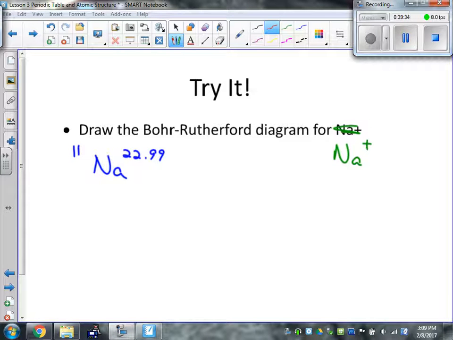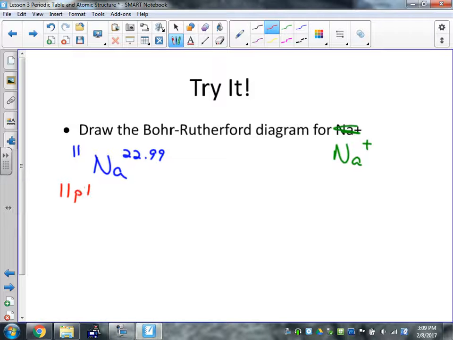Once again, before you get going, you might want to consider finding out how many protons, electrons, and neutrons you have. So, I have, of course, 11 protons. What does the 1+ mean exactly? How would I get a 1 plus charge?